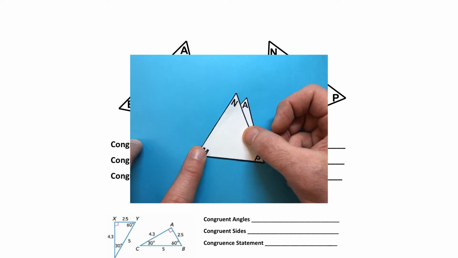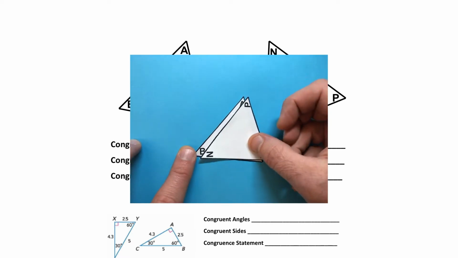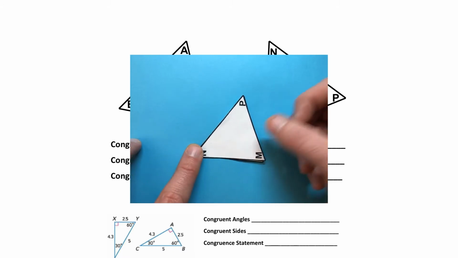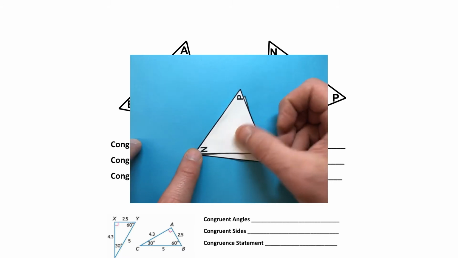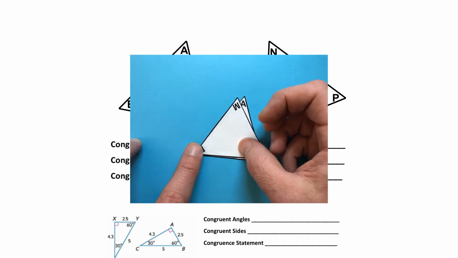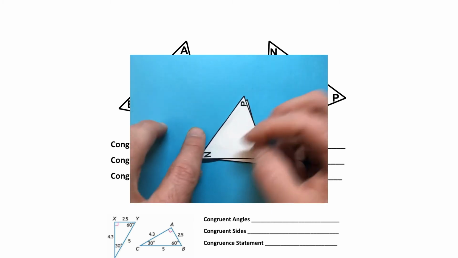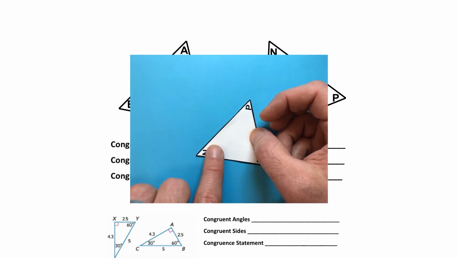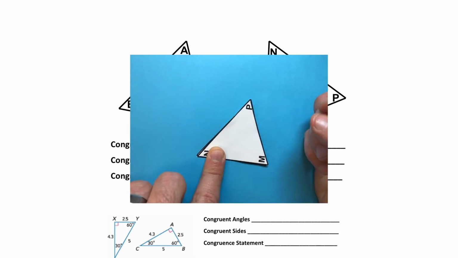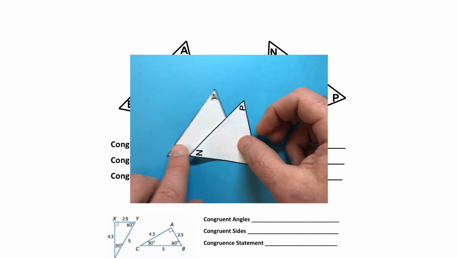Nope, that doesn't work. They match up like that. Yep, they sure do. I tried to match it like this. That doesn't work either. This is how they match up right here. Okay? They're exactly the same right here.